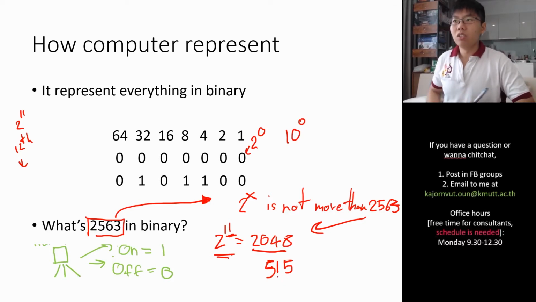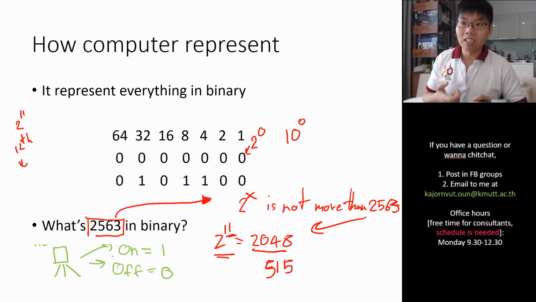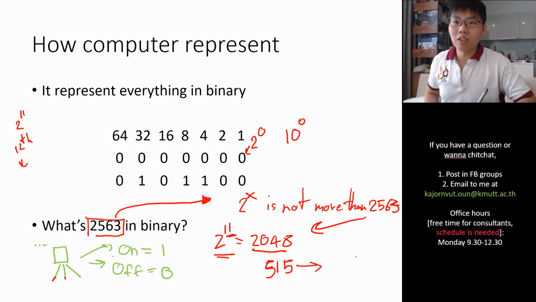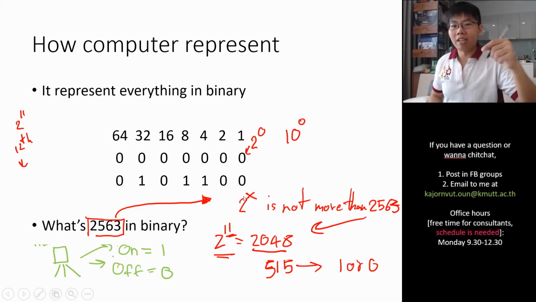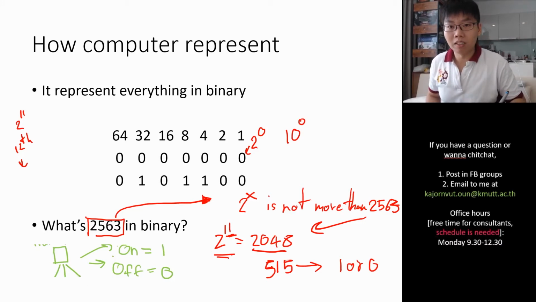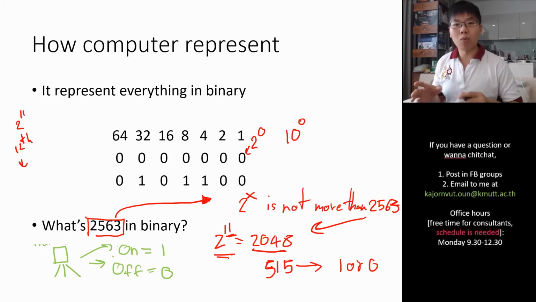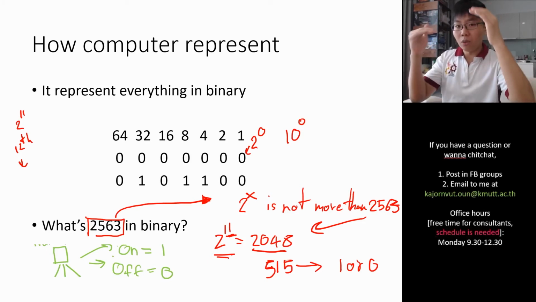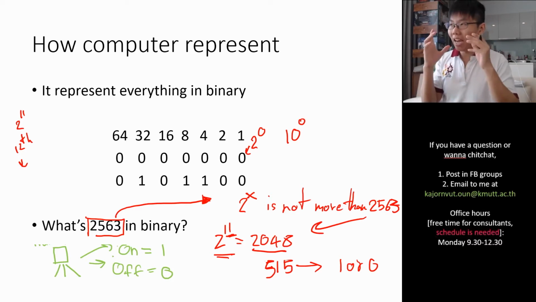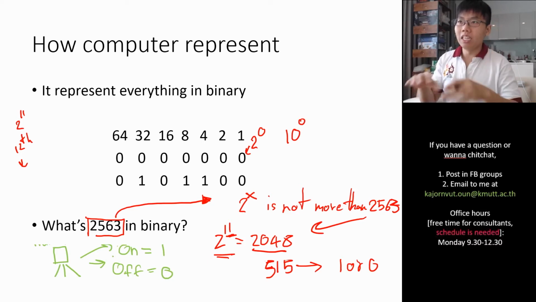Okay, you repeat this process until the value equals 1 or 0, which is the last digit. Then you can make the sequence of binary numbers. This is kind of simple, but somehow we didn't think about it before. But we need to think in that sequence of order before we can translate our thinking process into the code, into the program.